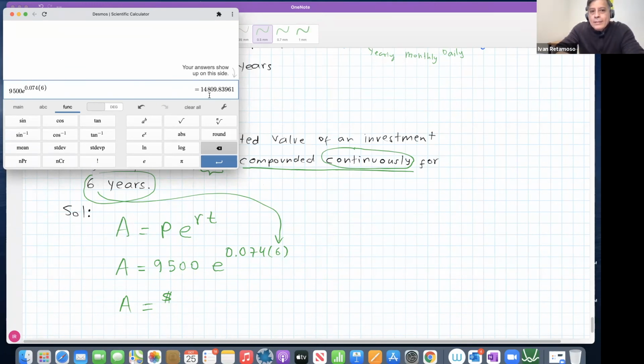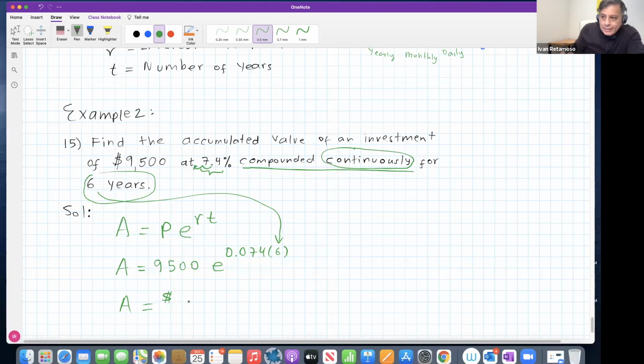I get 14,809.84, rounded to 2 decimal places, up to cents. Very good. Let's write it out. So I got 14,809.84, right?